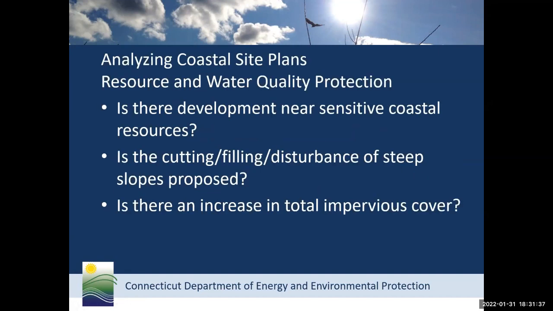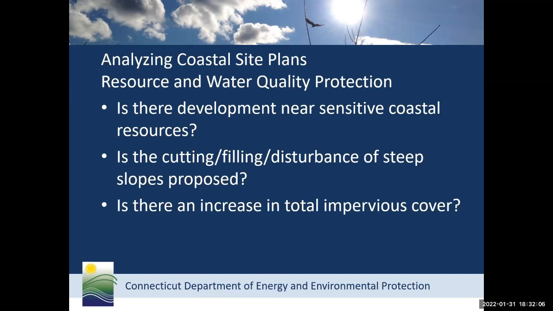And in terms of analyzing, again, is there development close to sensitive resources? Are there steep slopes? Because that's just going to make everything much more tricky. Are they proposing to cut and fill and disturb soils? This surprisingly is often, not often, but more often than I would like to see, not really detailed.